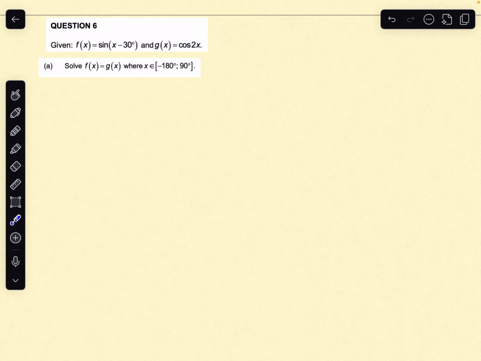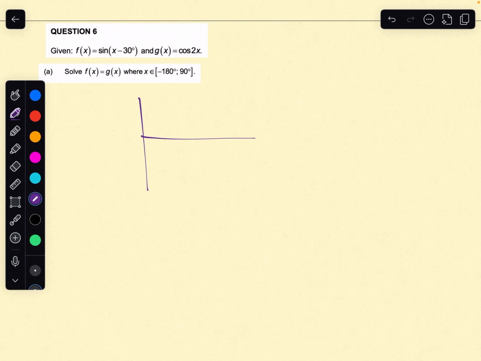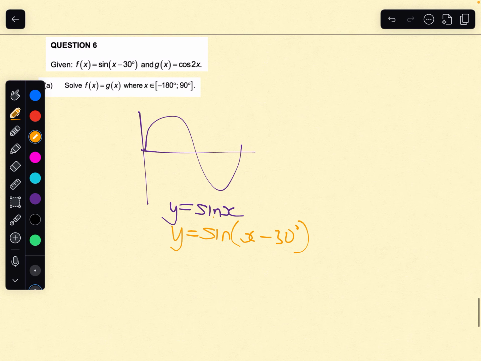this would be a sine graph that has been shifted 30 units to the right. So if, for example, this is our y is equal to sine x, then y is equal to sine x minus 30 would be 30 units to the right.